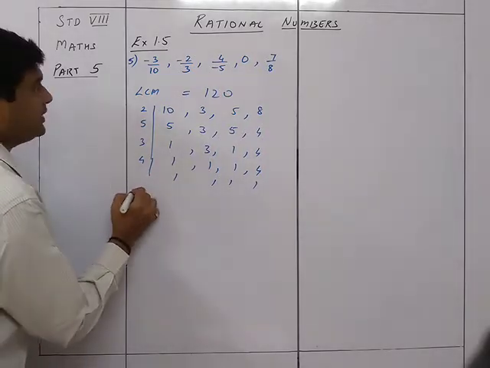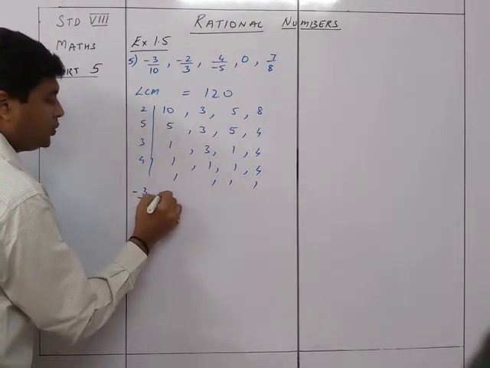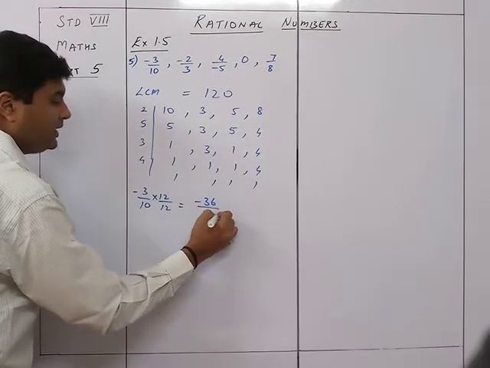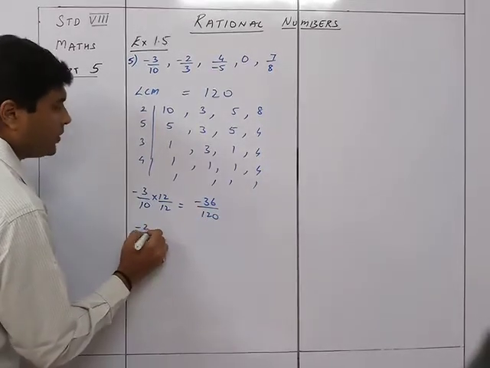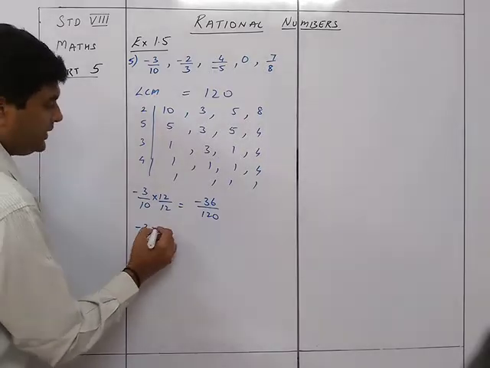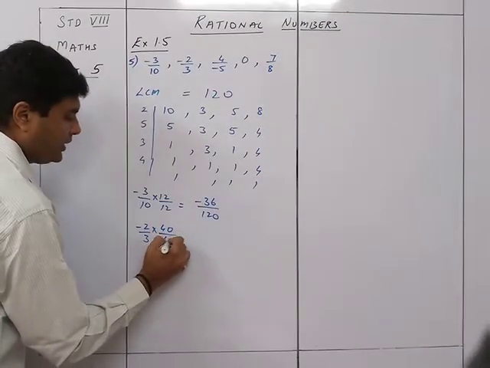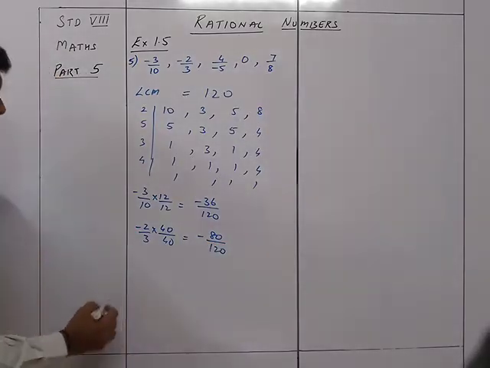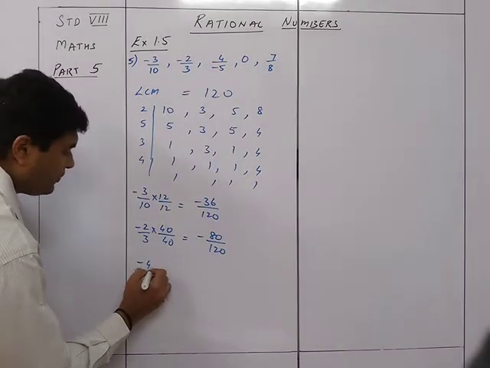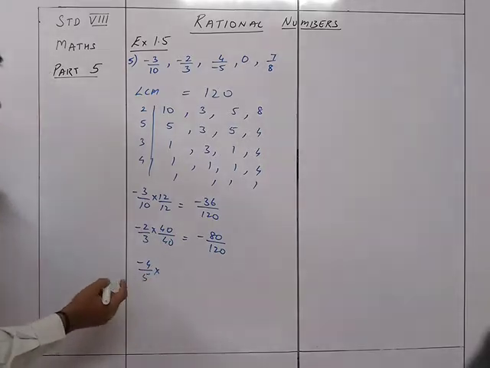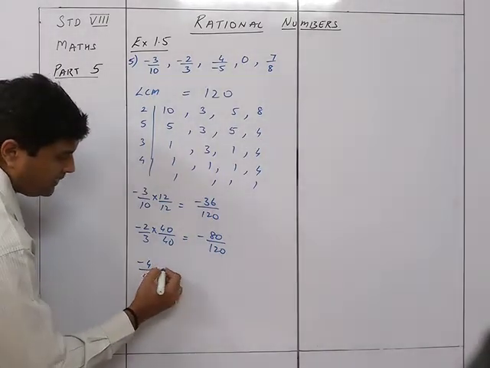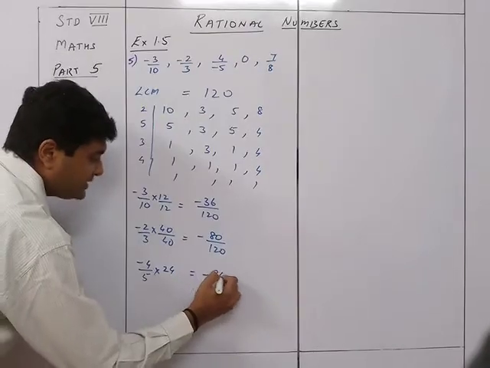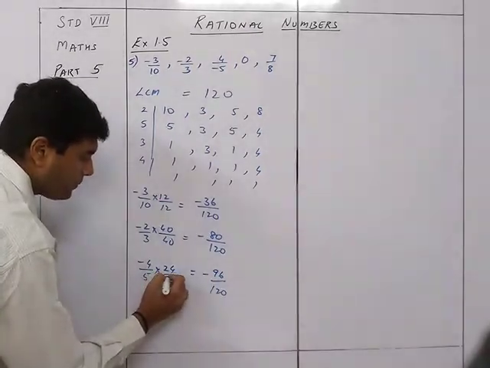So we get minus 3 upon 10 into 12 upon 12, which is equal to minus 36 upon 120. The next is minus 2 upon 3 into 40 upon 40, which is equal to minus 80 upon 120. The next is minus 4 upon 5 into 24 upon 24, so it will be minus 96 upon 120.